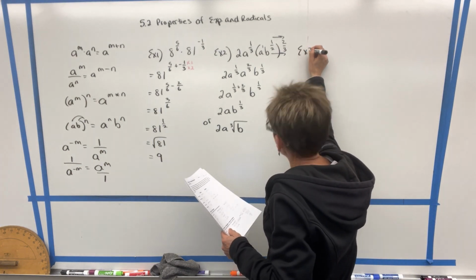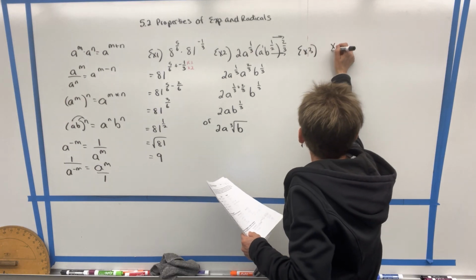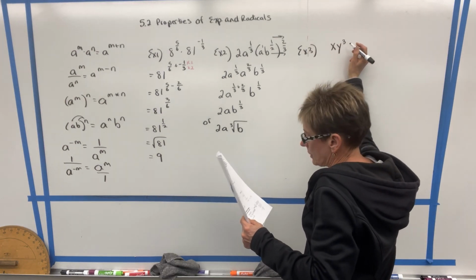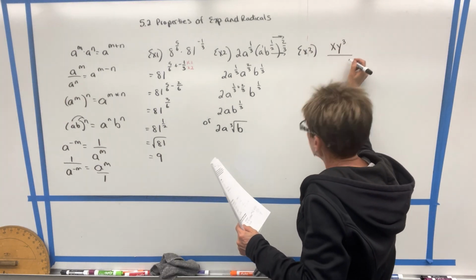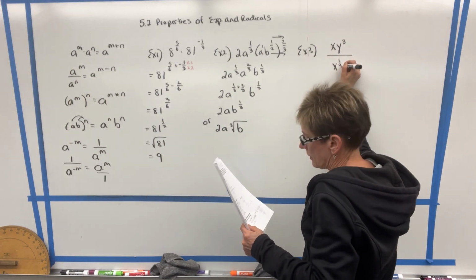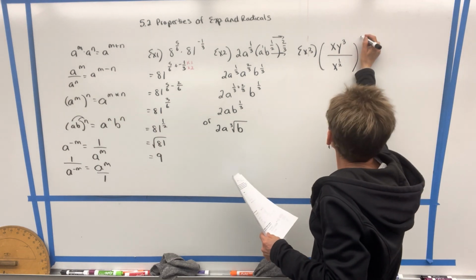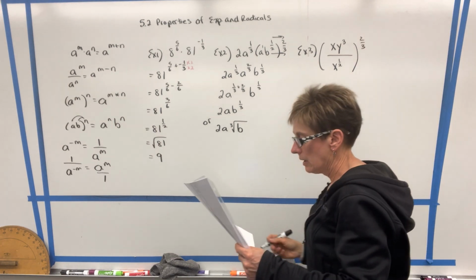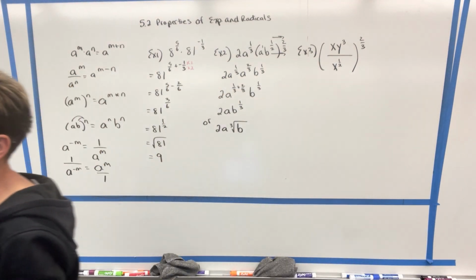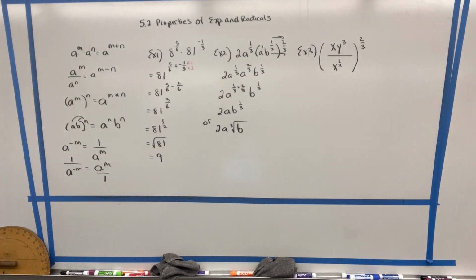For example number 3, we have xy cubed over x to the 1/2, and that is all being taken to the 2/3 power. This is fairly complicated because I have to distribute that 2/3 to everything.